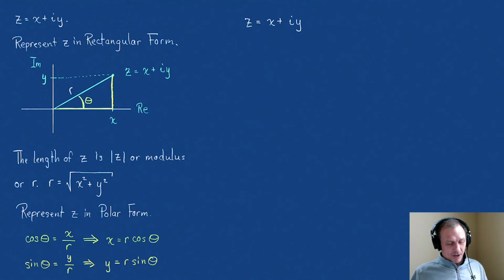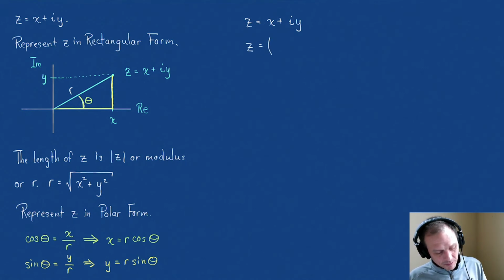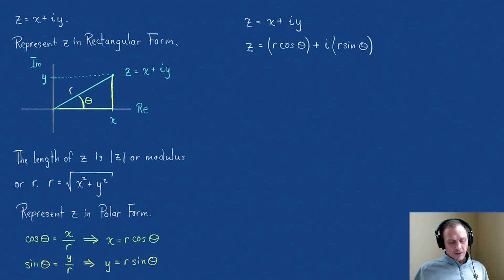Well, down here in the bottom left, we said that x is equal to, I'll put it in parentheses as we substitute this in, r times the cosine of theta, plus we have an i times y. Well, down in the bottom left, we said that y is r times the sine of theta.